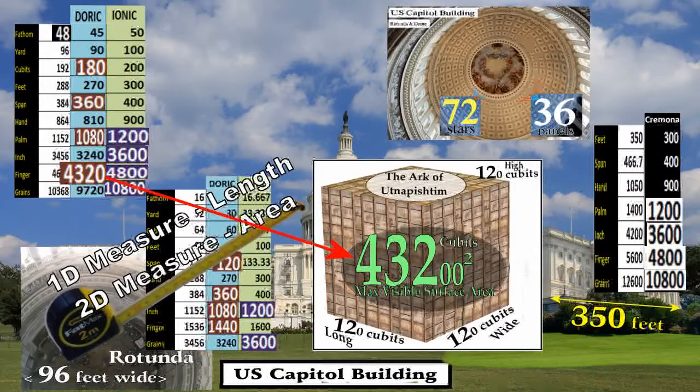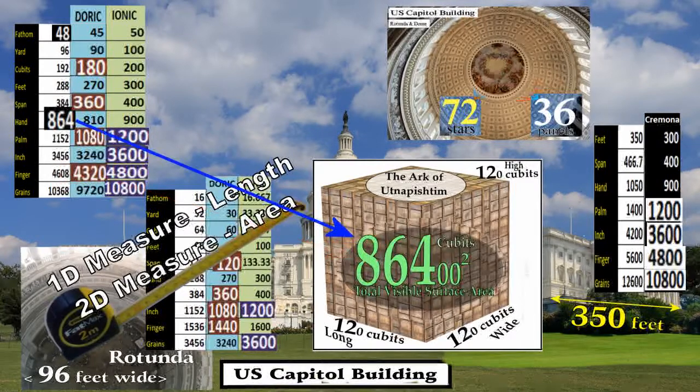And that's not all, because that's the maximum visible surface area. If you say I'm cherry picking, well, what's the total area? 86,400 cubits total surface area, 86,400 seconds per day, plus all the other information that comes off that, and we'll list that in the future.